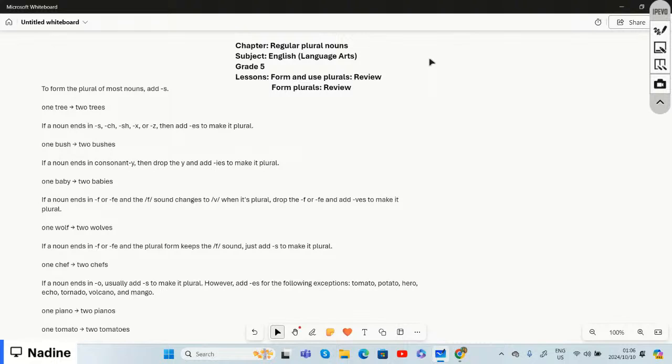But then when it comes to the review that we're going to be doing based on the previous lesson that we did, regular means that you need to follow the rules that are given. What are you going to add in order for it to show the regular plural noun?